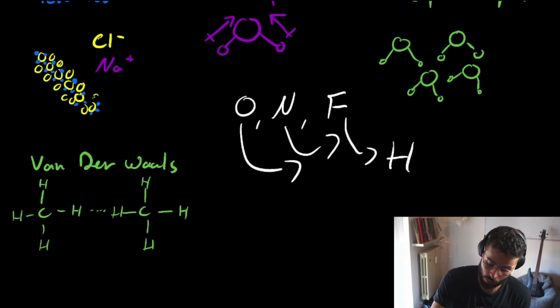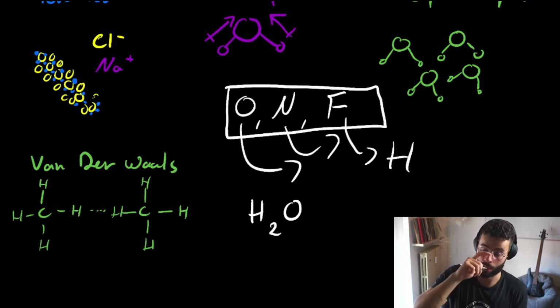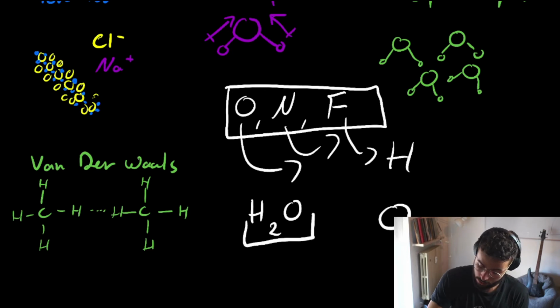So when it comes to water, we have H2O. If we had one of the following elements, we said that we have hydrogen bonds. So H2O makes hydrogen bonds between different, polar water molecules.